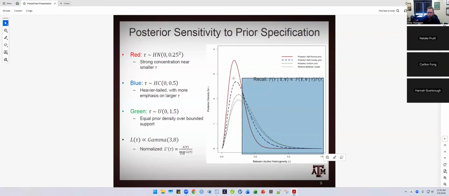As we change this prior, fixing what the likelihood was, we are going to change where we put emphasis and mass on what tau might be or might not be. For the half normal, it's a little bit more sure in that it's more peaked. There's less tail action going on. Whereas for the other two, there is more action occurring in the right tail. So we would have a harder time making an inference that we are very certain about a certain value.